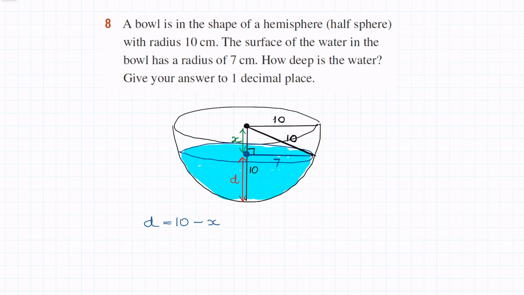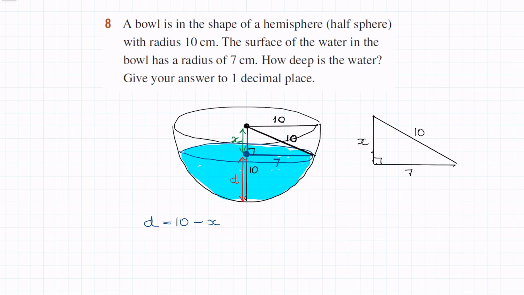I might just redraw this triangle over to the side so that we can use Pythagoras. It'll just be a bit cleaner, a clean version of this triangle. So we've got a right-angled triangle. We know the bottom side is 7, the hypotenuse is 10, and x is what we're trying to find.